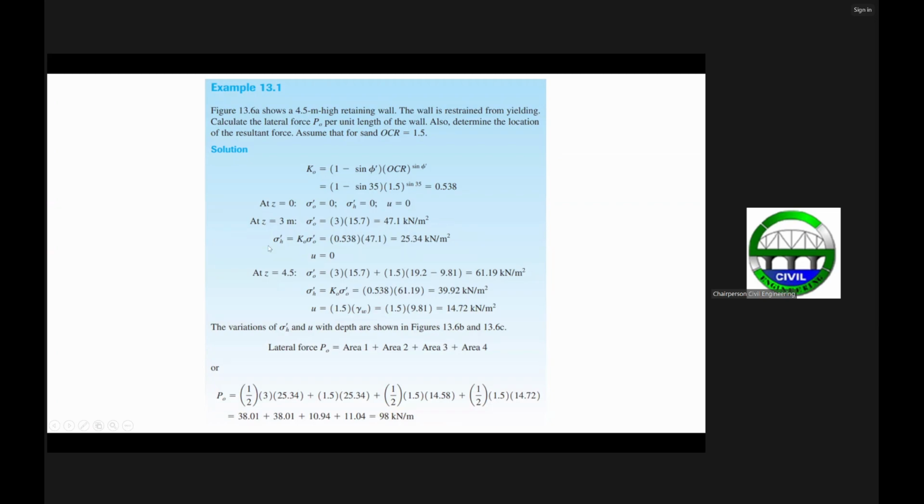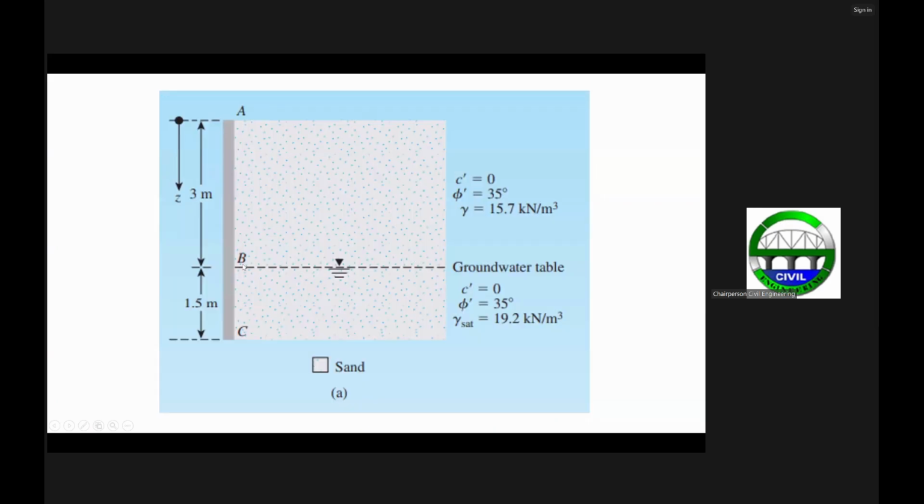For the horizontal effective pressure, you multiply the overburden pressure by the at-rest earth pressure coefficient, which gives this value. At this depth, the pore water pressure is still zero.